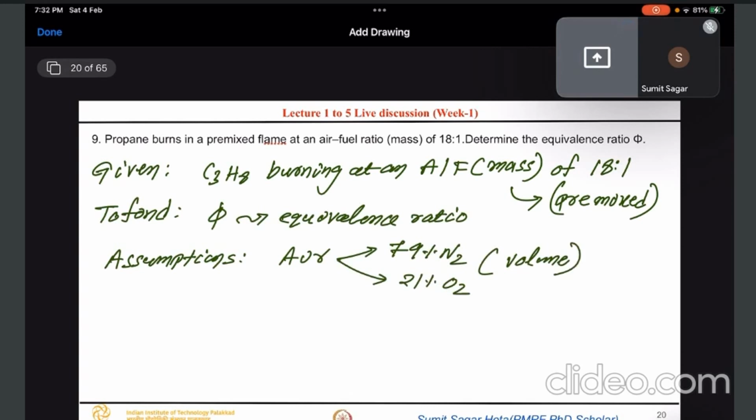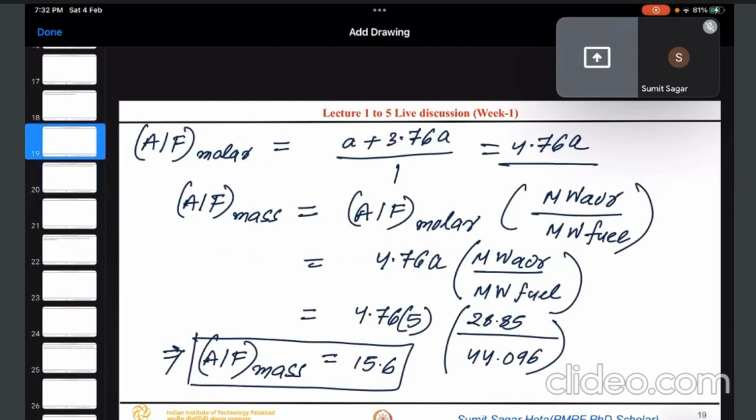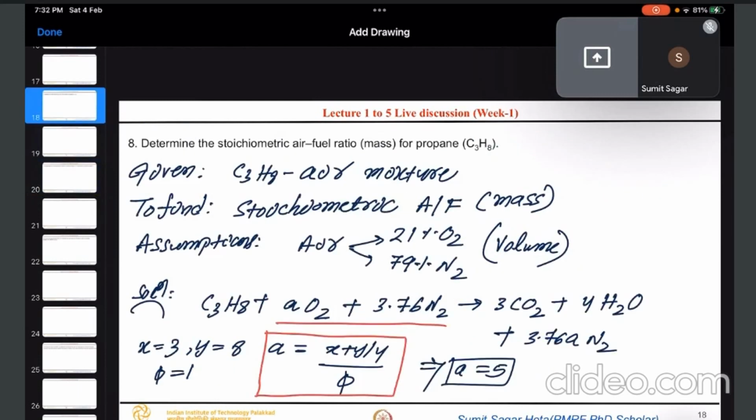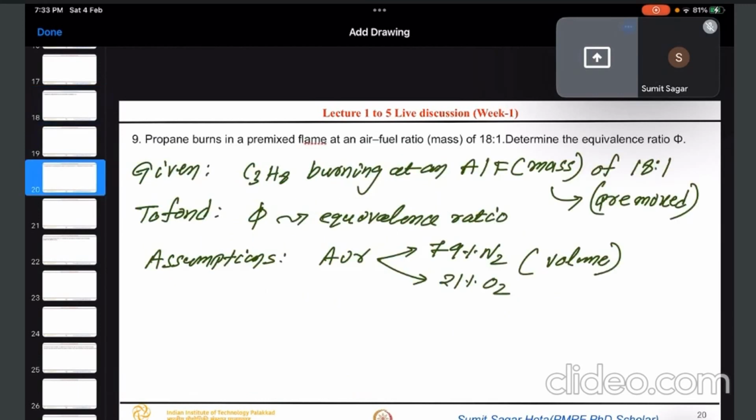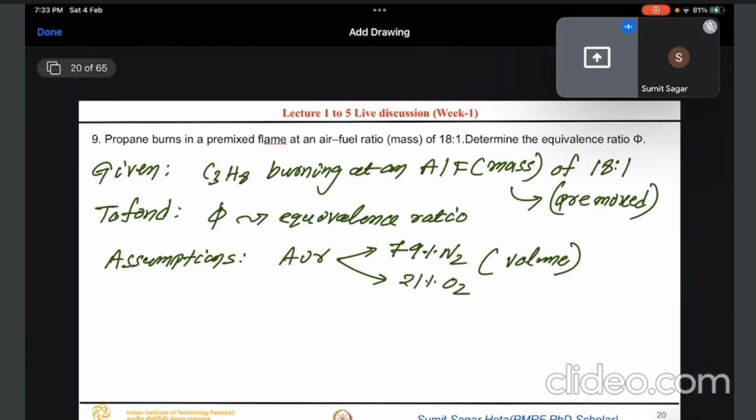So what is the equation for C3H8? As both questions are C3H8, you can compare very easily the difference between them. Previously phi was equal to 1, that is stoichiometric, but this is not stoichiometric. This is the difference between the previous question and this 9th one.